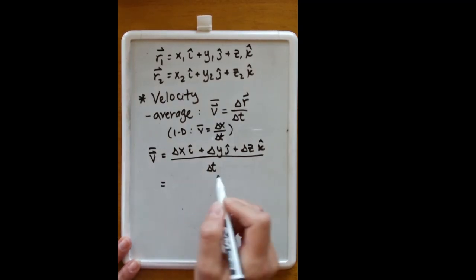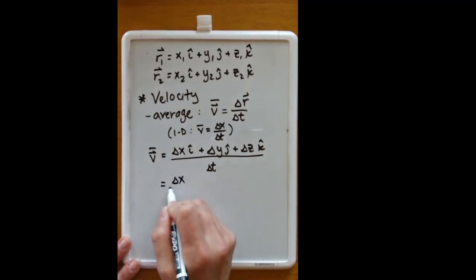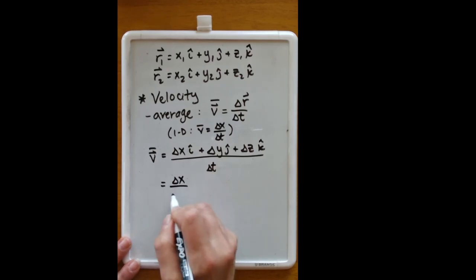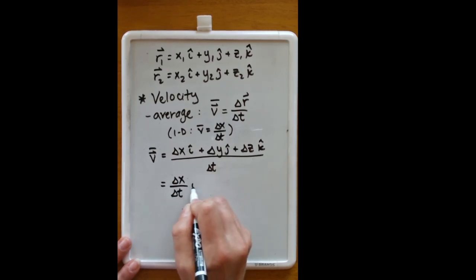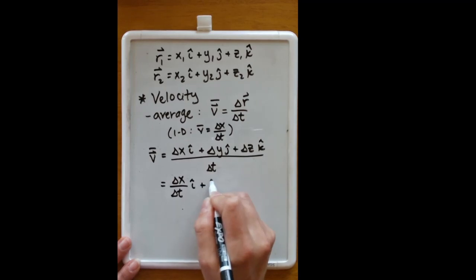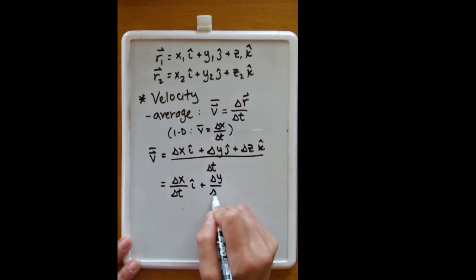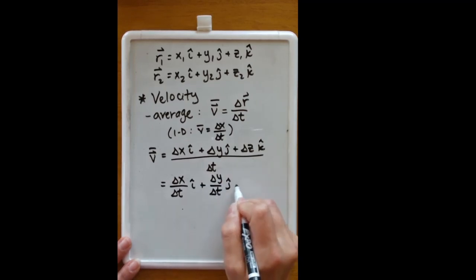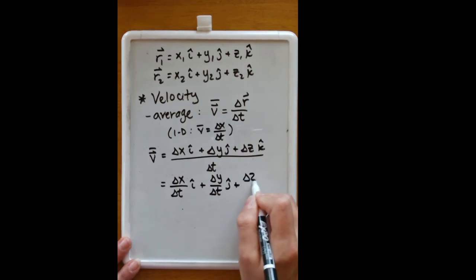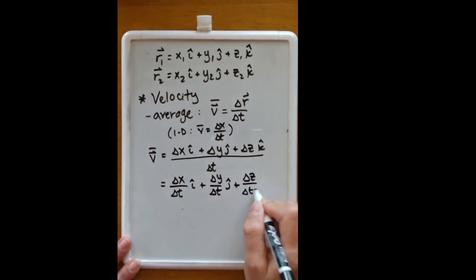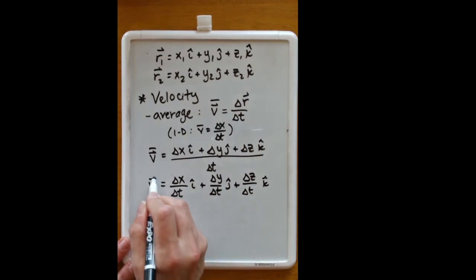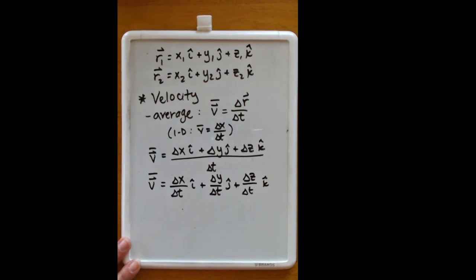We're going to distribute that t along each of our quantities. So we have delta x over delta t in the i hat direction, delta y over delta t in the j hat, plus delta z over delta t in the k hat. So that would be our average velocity written in our vector notation.